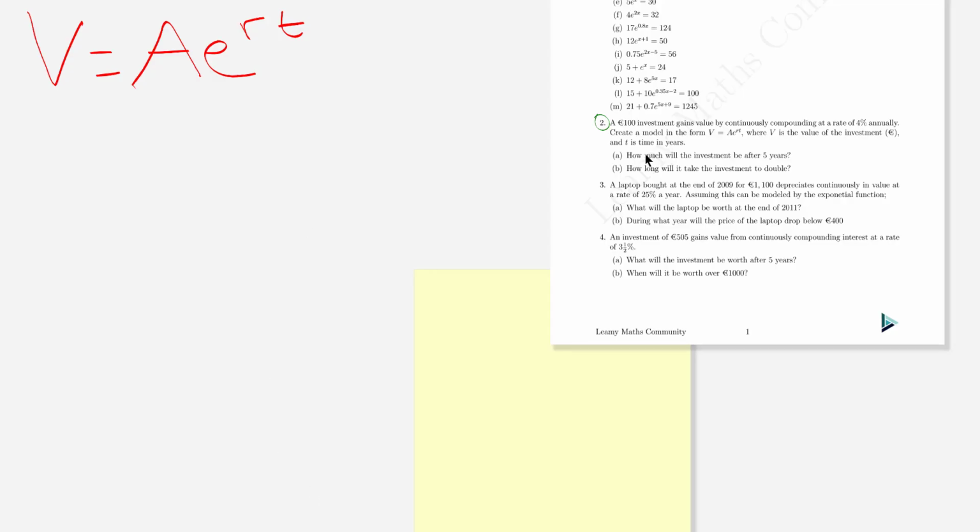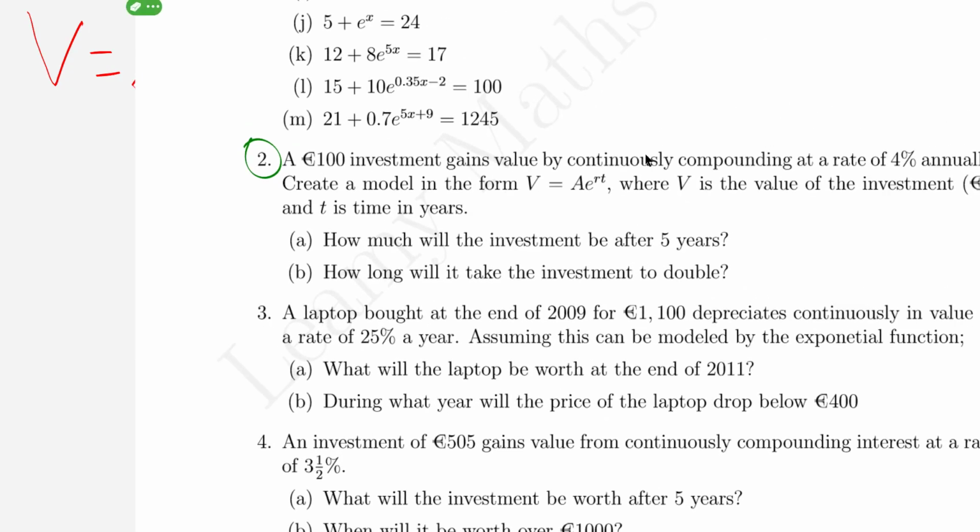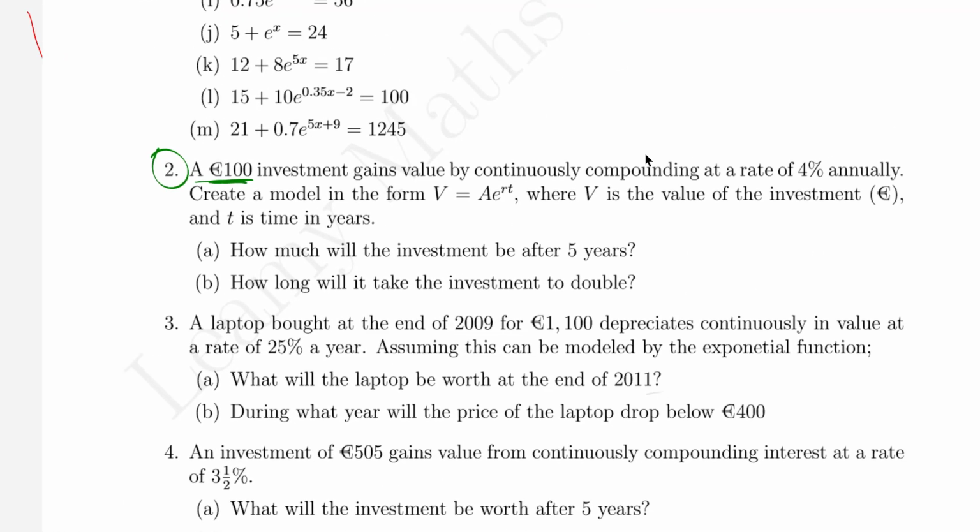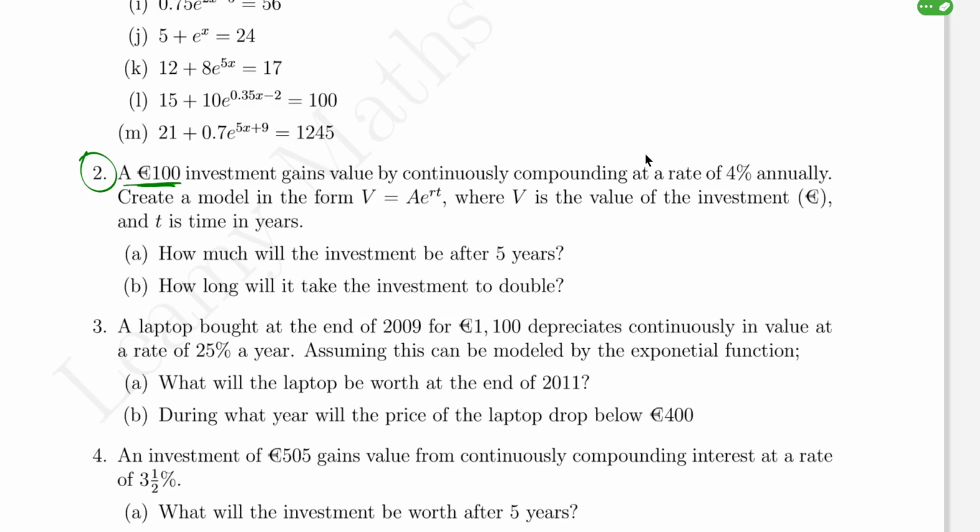In this question, if I read it carefully, it was a €100 investment continuously compounding at a rate of 4%. So my initial value is €100 and my growth rate is 4%. So I have both pieces of information I need.